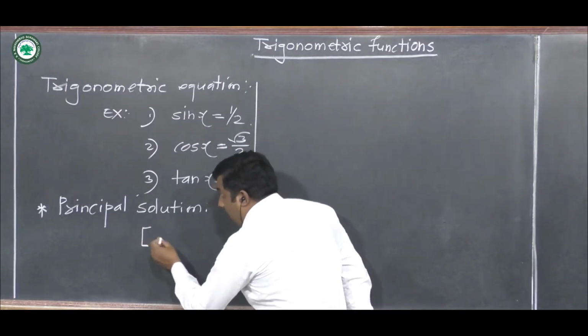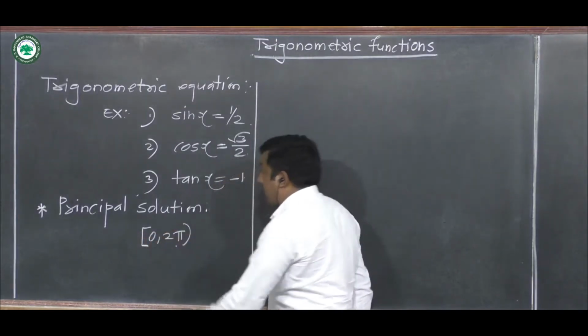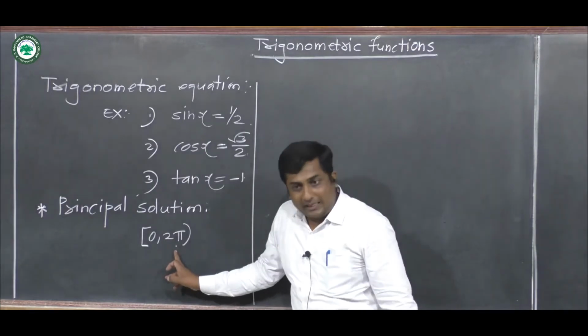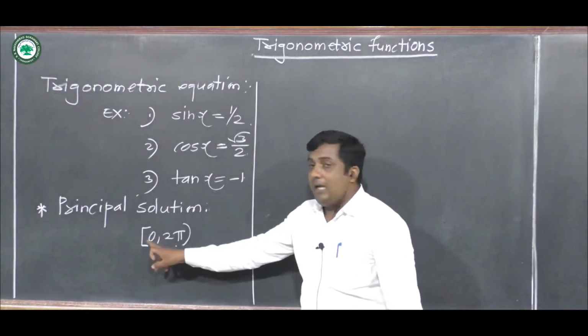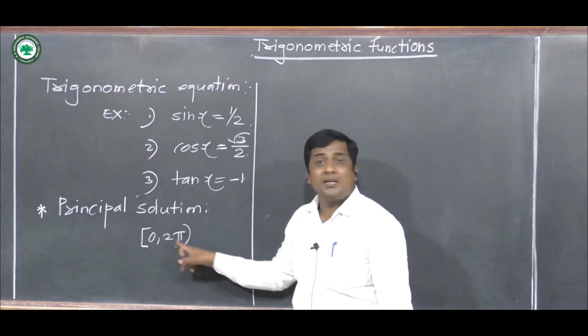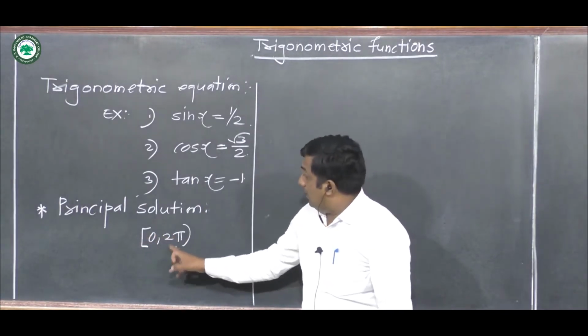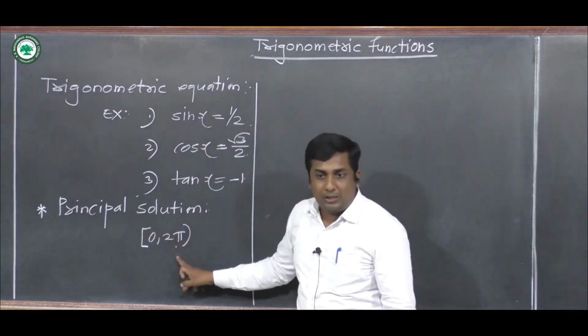In the interval, closed 0 to open 2 pi. That is, the value of x lies between 0 and 2 pi, then x is a principal solution.